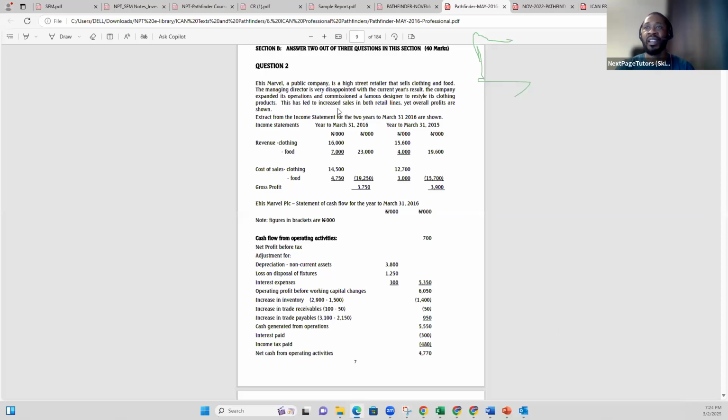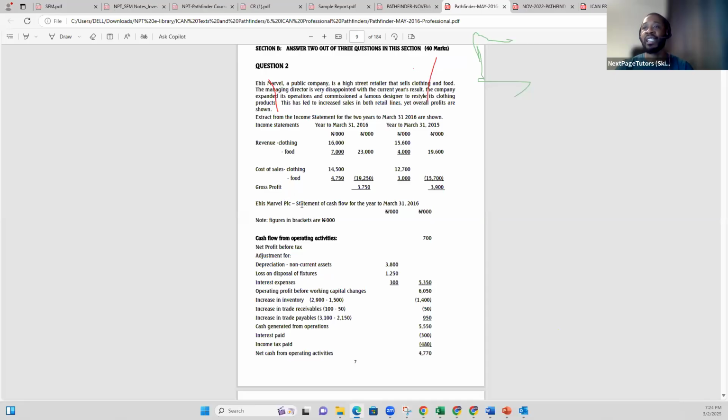This has led to increased sales in both retail lines, yet overall profits are still low. Extract from the income statement for 2 years, 2016 and 2015, is shown below. And then they gave us revenue broken down into clothing and food, and cost of sales also broken into clothing and food, and then gross profit.